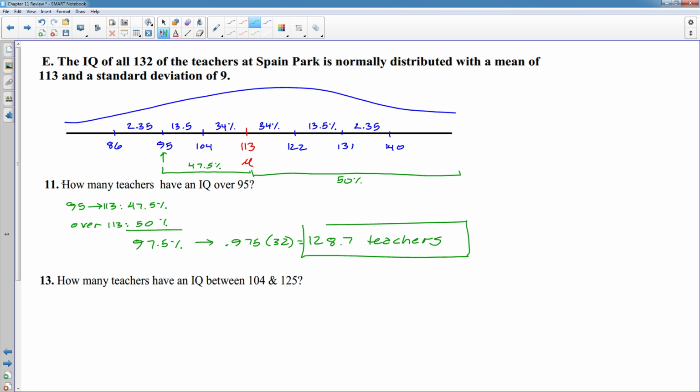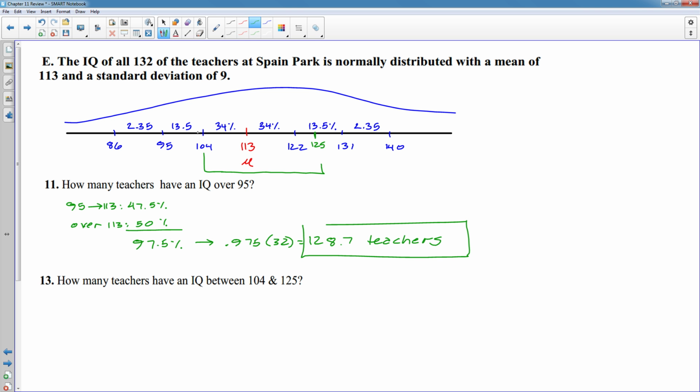All right, how many teachers have an IQ between 104 and 125? All right, this is where it gets a little bit more difficult. So I'm looking at 104 for my left bound. And 125, that makes it a little bit more difficult because 125 is not one of your standard deviation numbers. So I'm going from 104 to 125, which is going to be about right here. Now 104 is not going to be a problem.